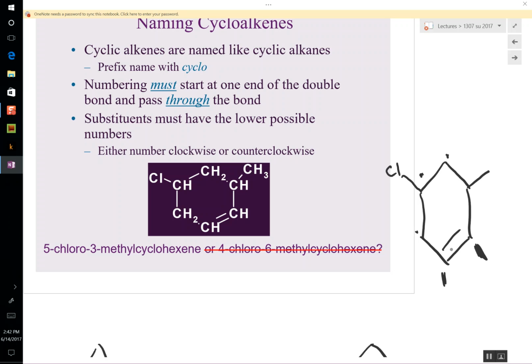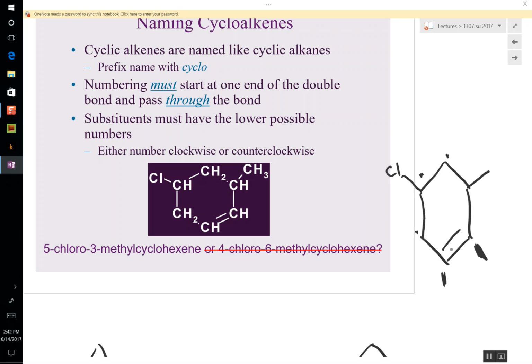If I start here, you can see 1, 2, 3. I get to the chloro group on number 3. 4, I get to the methyl group on number 5. So there's going to be 3-chloro-5-methylcyclohexene. So if I start here, I get to the methyl as 2. 3, I get to the chloro as 4, and those are lower numbers. 2 and 4 is lower than 3 and 5.